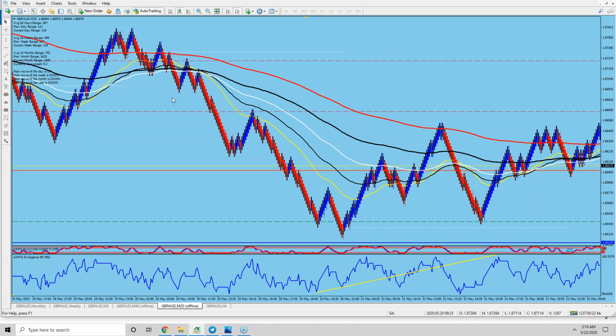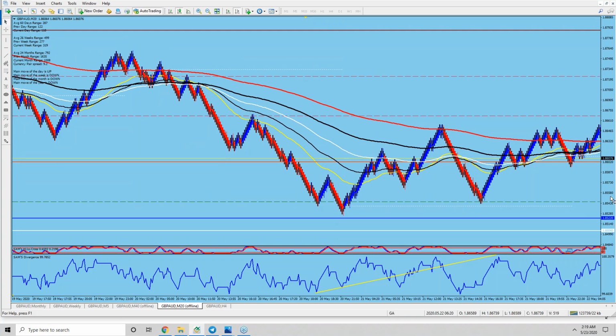Now, the first thing, again, we're going to take a look at what? Daily range. What is the daily range of this pair? The 60-day average is 287. Where does 287 come in? So let's take a look. It started here, went up. So this is the high it posted for the day, and 287 pips is way below.